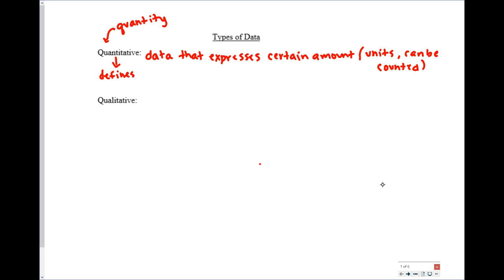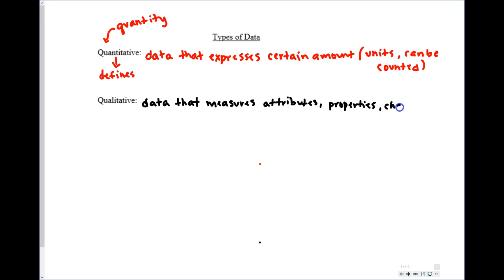Qualitative data, on the other hand, is data that measures attributes. Like they were all wearing blue. They measure properties. Was it big? Was it small? Was it average?